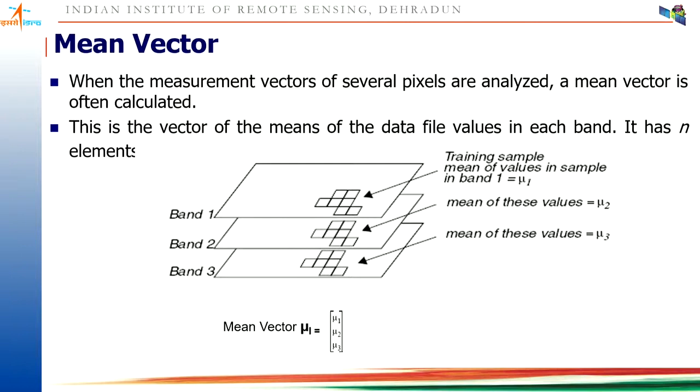Suppose we calculate the mean of the selected pixels in band 1, band 2, band 3, band 4, and so on, and arrange them; that becomes the mean vector. Similarly, you can have a standard deviation vector, a variance vector, and we can calculate the variance-covariance matrix. All these parameters would be required in digital image classification.